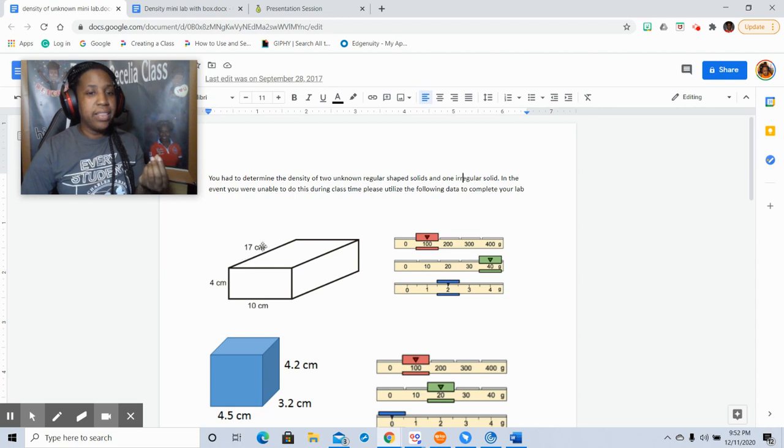I must take the width, length, and height, I'm sorry, in order to determine this, okay? And we will use the electronic version of a triple beam balance in order to determine the mass. So this is how we get mass.